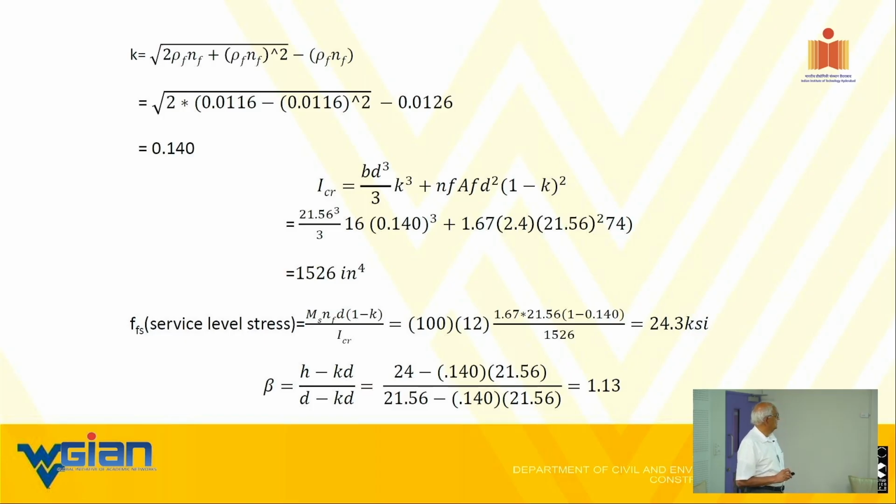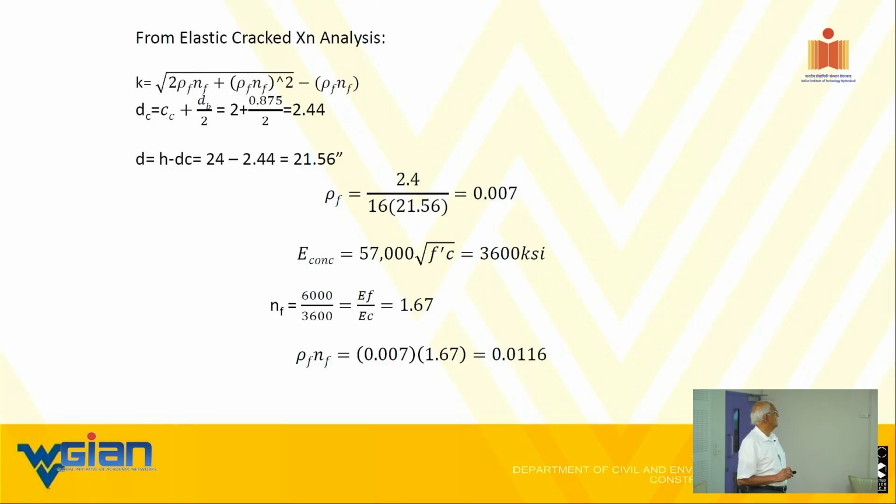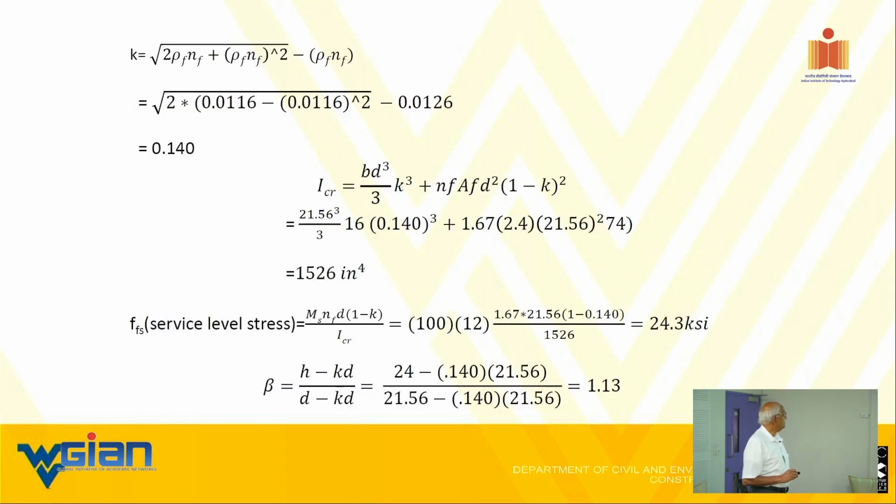So this is the stress of the cracked section. For elastic cracked sectional analysis, we found the k and kd values. k is 0.14 and kd is 0.14 times 21.56, so that is approximately 3 inches.